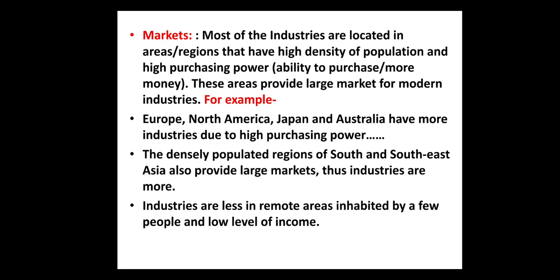High density of population means, for example, as per the 2011 census, India has 1.2 billion people. If each person buys one good, that company will earn a huge profit. That is high density of population, and they are the market.